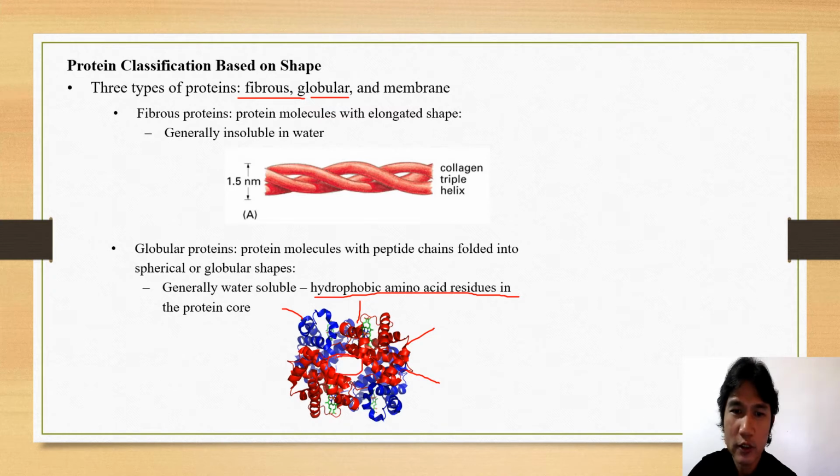Since they don't interact with water, they usually are found at the core. Those at the surface are the amino acids that could interact with water. Therefore, these amino acids are polar. Those at the core, we call them non-polar.